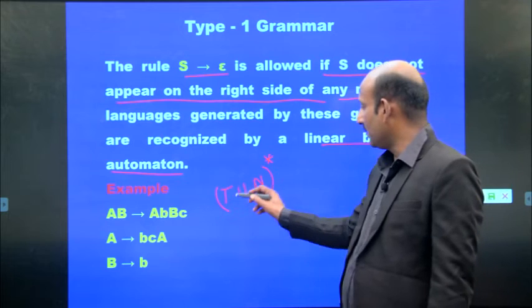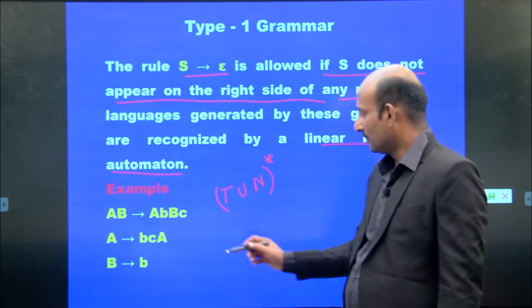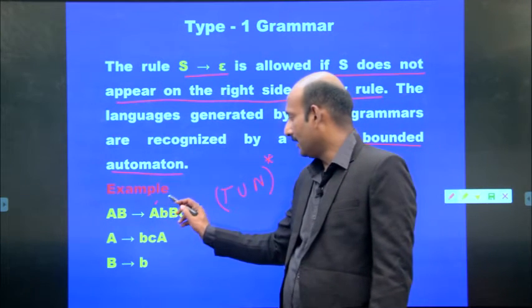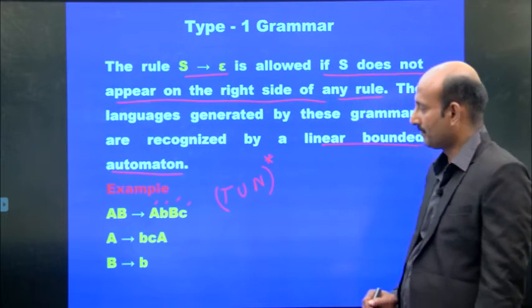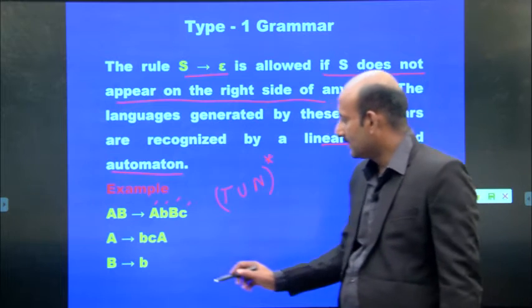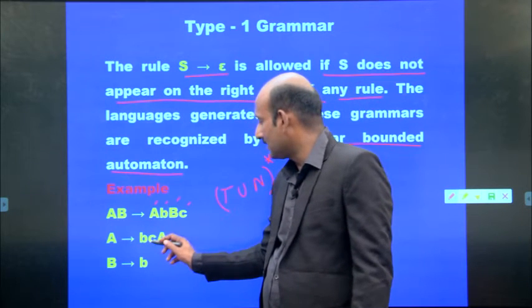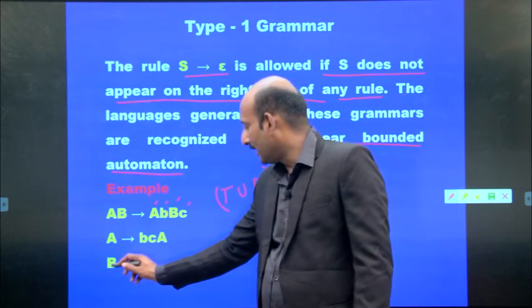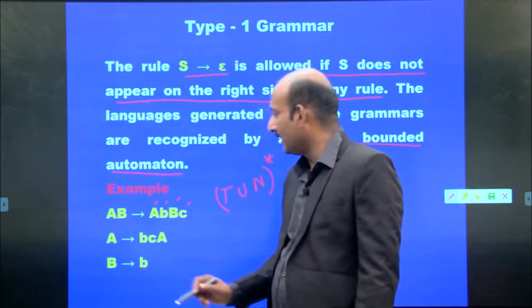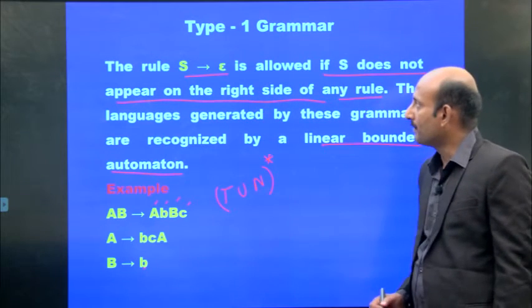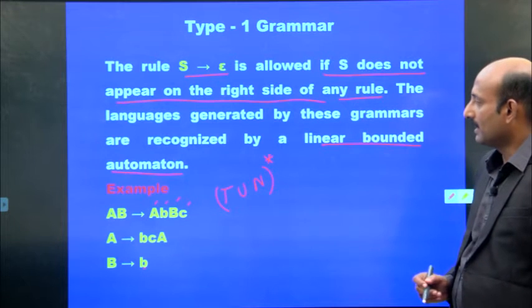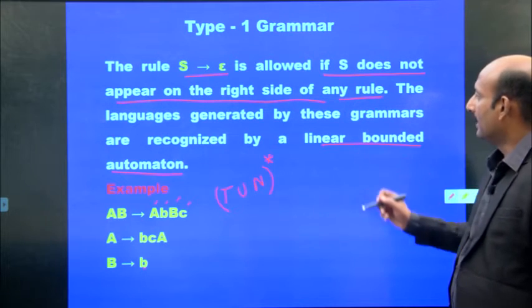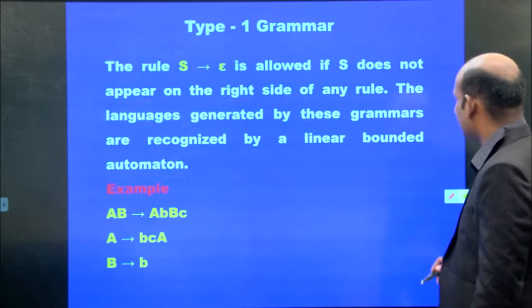And A implies B, C, A, and B implies small b. So this type of grammar is a type 1 grammar.